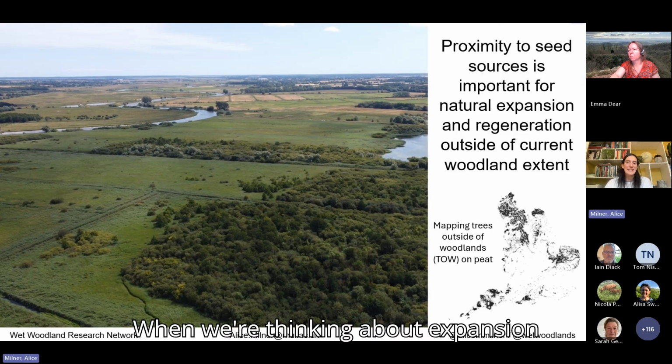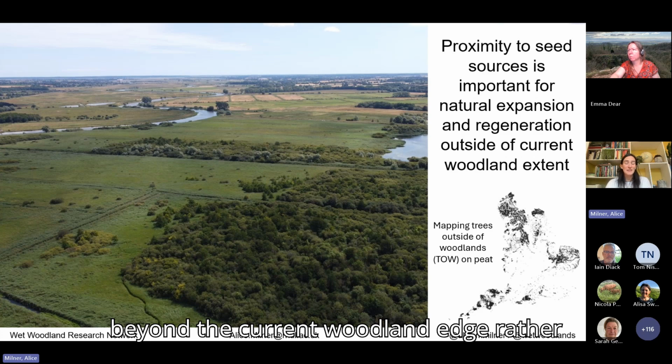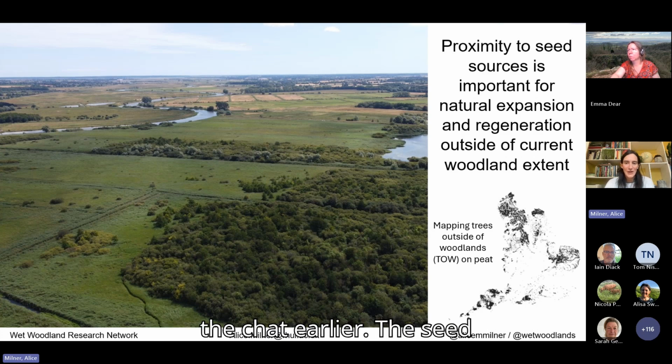When we're thinking about expansion beyond the current woodland edge rather than just within the woodland, the seed sources are particularly important. I think people were talking about this in the chat earlier. The seed dispersal is typically by wind and water, so hydrologically connected systems have a much better chance of naturally regenerating or establishing.